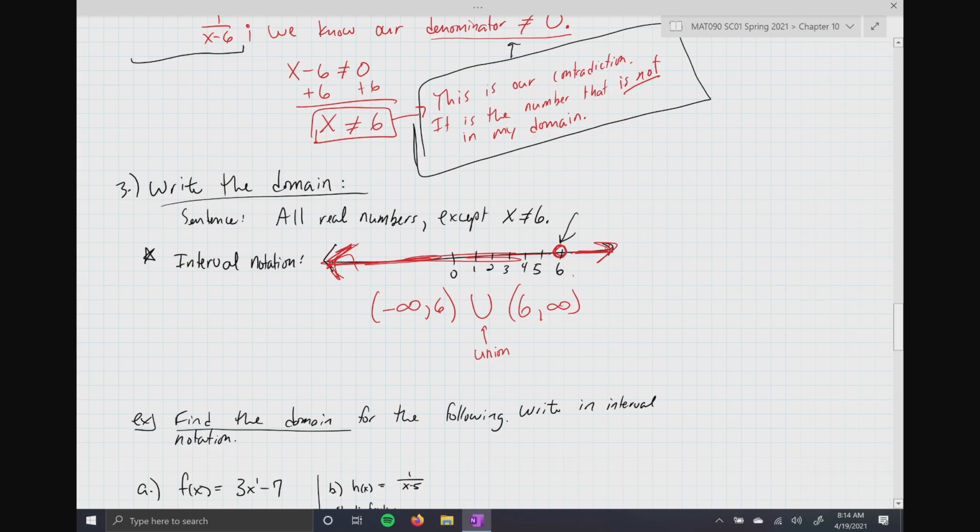And since I shaded on the left-hand side, the left-hand side is negative infinity all the way up to 6. And on the right-hand side, it's going to be 6 to infinity. And I use parentheses because I'm not allowed to include the 6. And infinity symbols always get parentheses. Does that make sense, everyone? We did this all the way back in chapter 10.